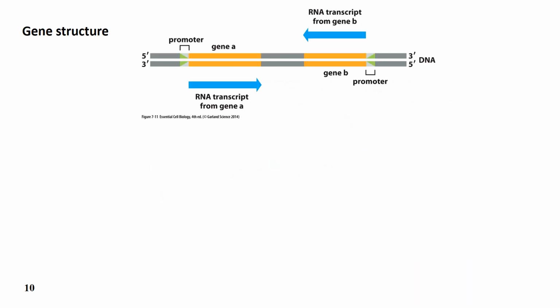Another complexity in eukaryotic cells relative to prokaryotic cells is the structure that genes themselves have. This is the image that we saw in the last video showing gene A and gene B with their adjacent promoters being on either side of or on either strand of the DNA.